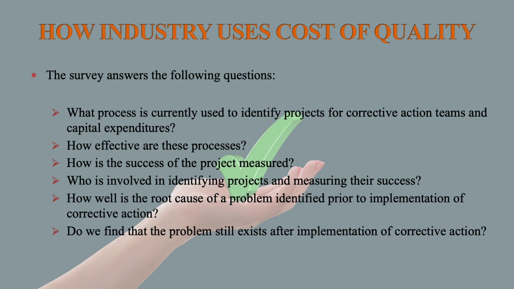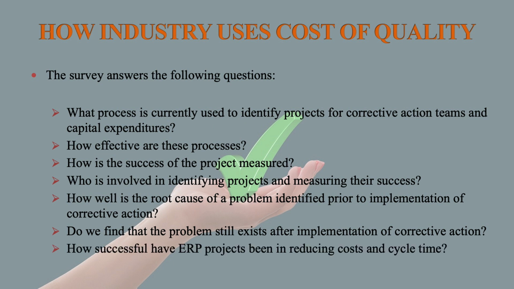Do we find that the problem still exists after implementation of corrective action? How successful have ERP projects been in reducing cost and cycle time? So these are the various questions they will raise, and they can use cost of quality to improve the quality and reduce the quality cost.